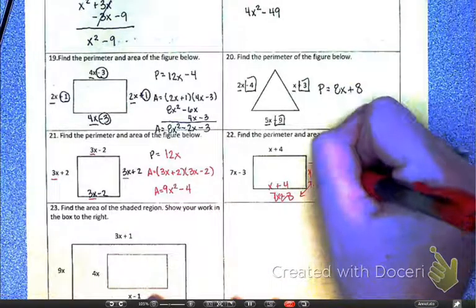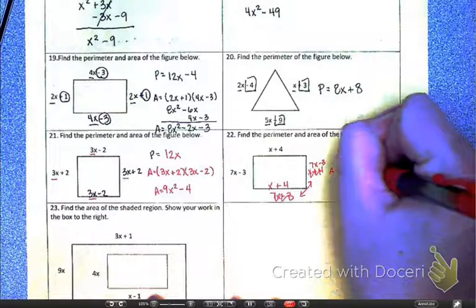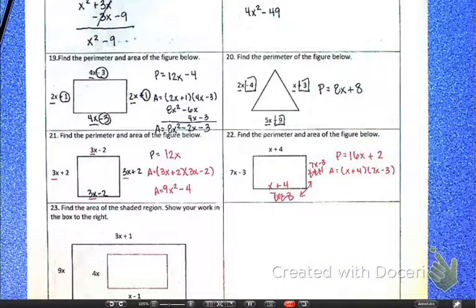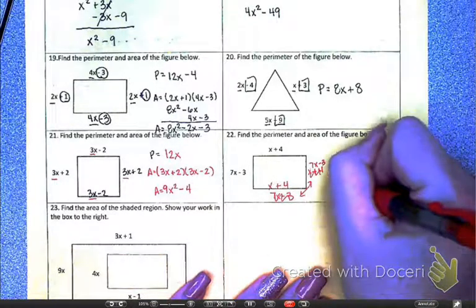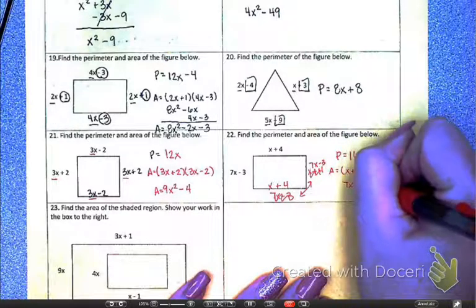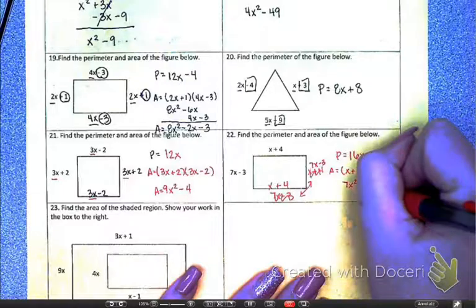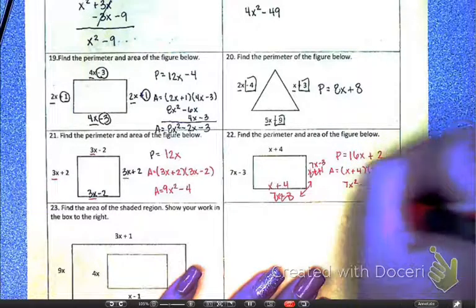For area, it's x plus 4 times 7x minus 3. There's nothing special about this one, so you're going to distribute or use the box. I'm going to distribute. I get 7x squared minus 3x, and then I get a 28x minus 12.